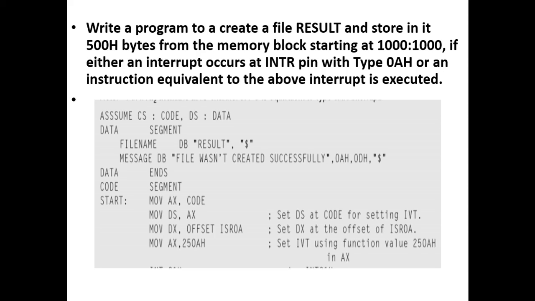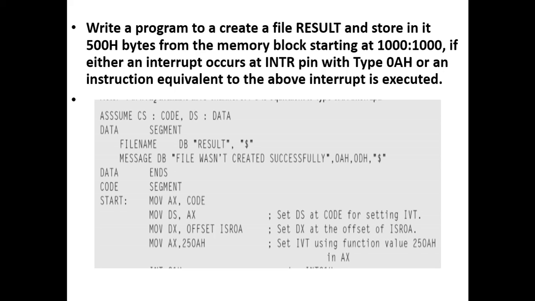Then we have to create a file and name it result, fetch data from the code segment address 100H with the displacement 100H, fetch continuous 500H bytes from that location, and write them into the file named result. So this is the question.